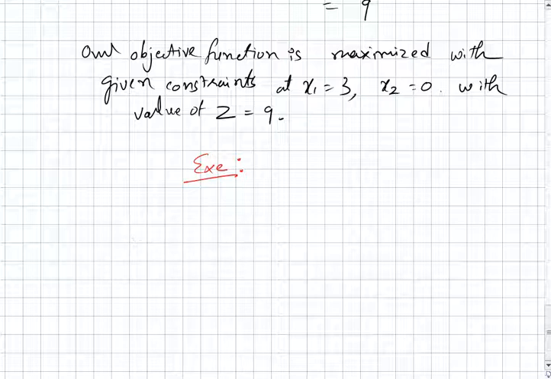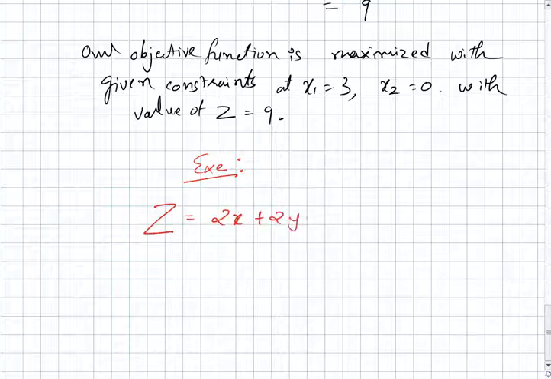Let your objective function be 2x plus 2y plus 4z, and you are supposed to maximize this.